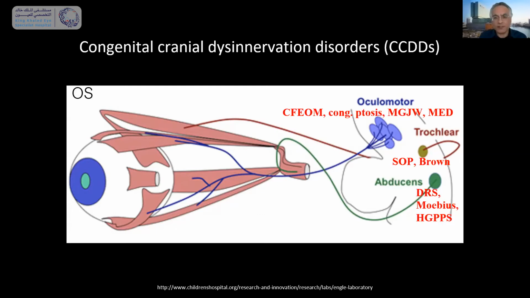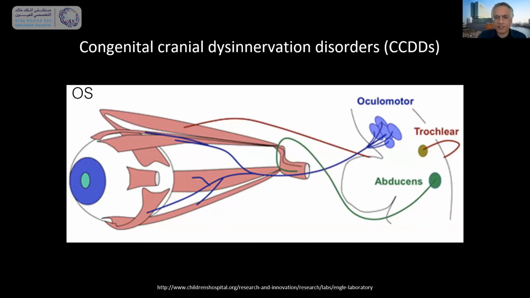And even Brown syndrome, again, it's a fibrosis of the muscle. And you can see how this concept of CCDD unifies things. These different forms of strabismus we used to consider different disorders, we can unify them under the umbrella of CCDD.